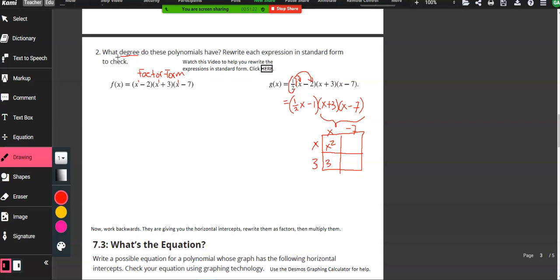3 times x is 3x. Right here is negative 7x. And right here, to get this box, you multiply 3 times negative 7. That's negative 21. Combine like terms right here. So this would be x squared minus 4x minus 21.